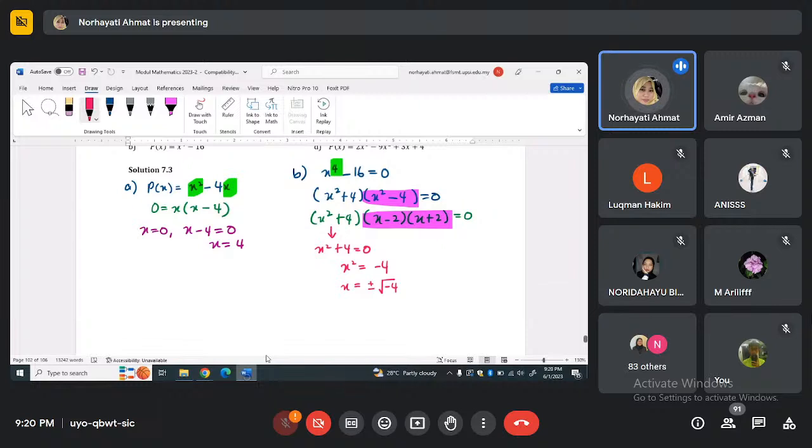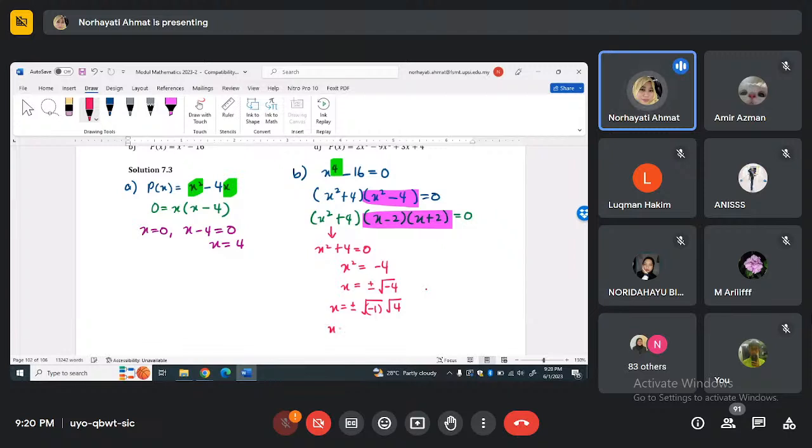Okay, so x is equal to plus minus square root of negative 1 times square root of 4. Okay, ni sama je. So we separate negative 1 and 4 so that we can get value for square root 4.